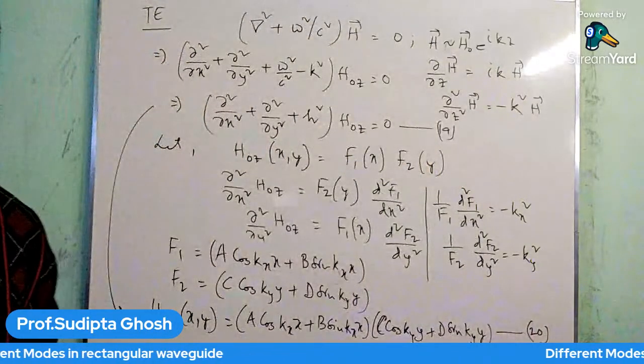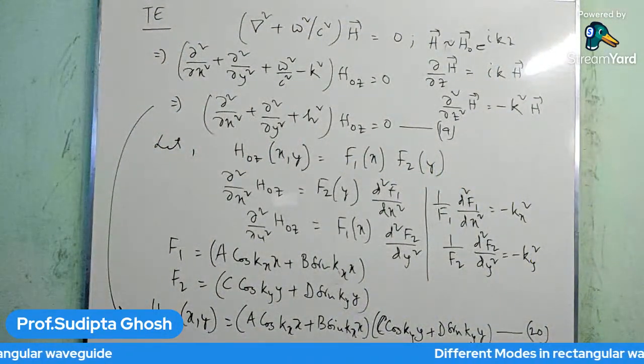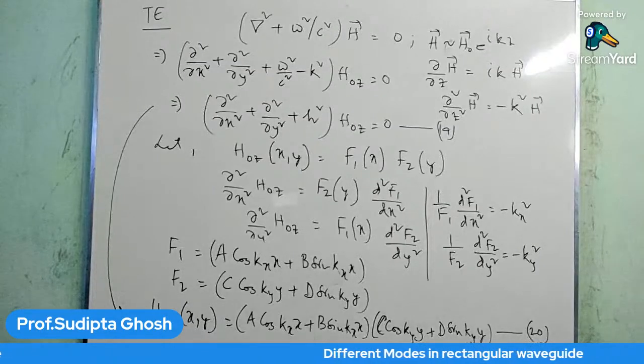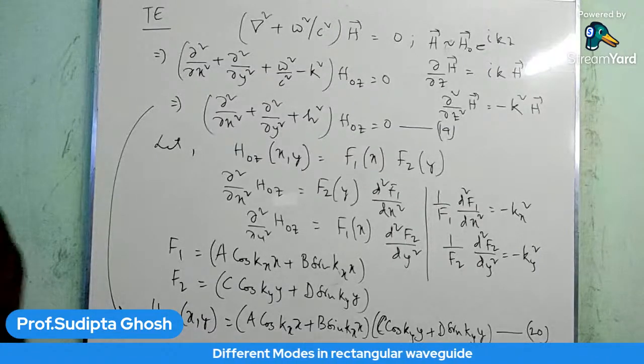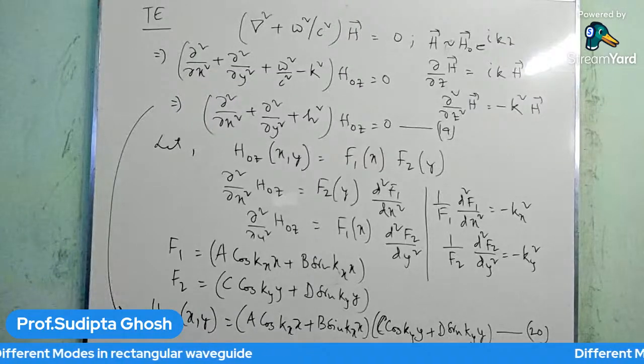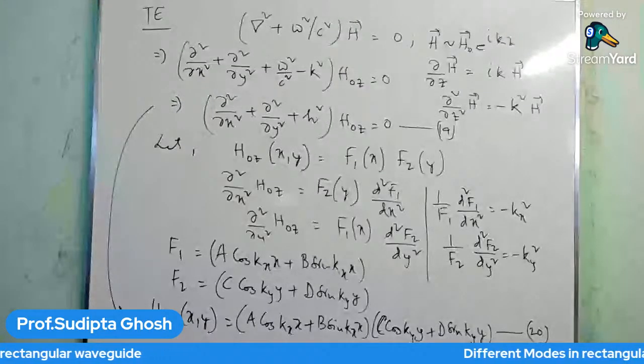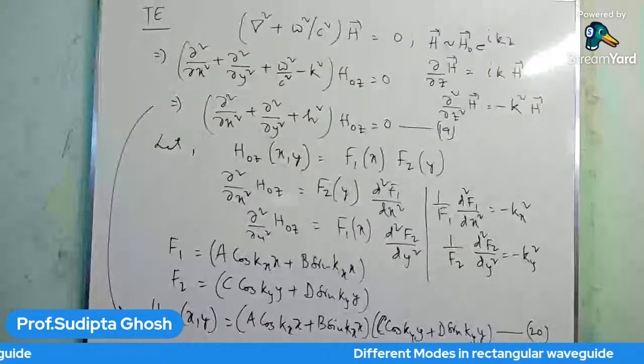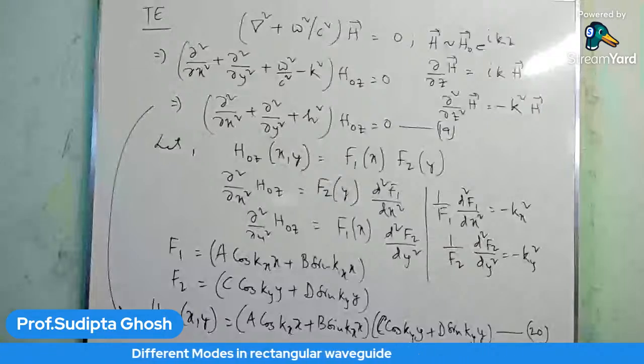But remember, now we have four constants A, B, C and D, and these are arbitrary constants. We have to find their values by taking appropriate boundary conditions. And where do we get the boundary conditions from?